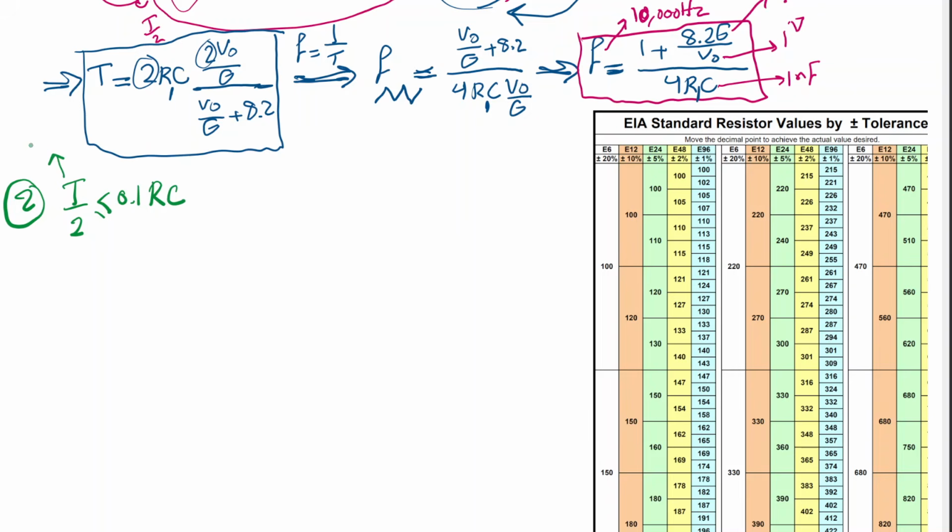If T is 100 microsecond and if C is 1 nanofarad, then we have a specific requirement for the value of resistor. So if I just shuffle things around here, then R becomes more than or equal to 5 T over C, which means if we compute this value, we end up finding the value of R. So T is, as I said, 100 microsecond, and C is 1 nanofarad.